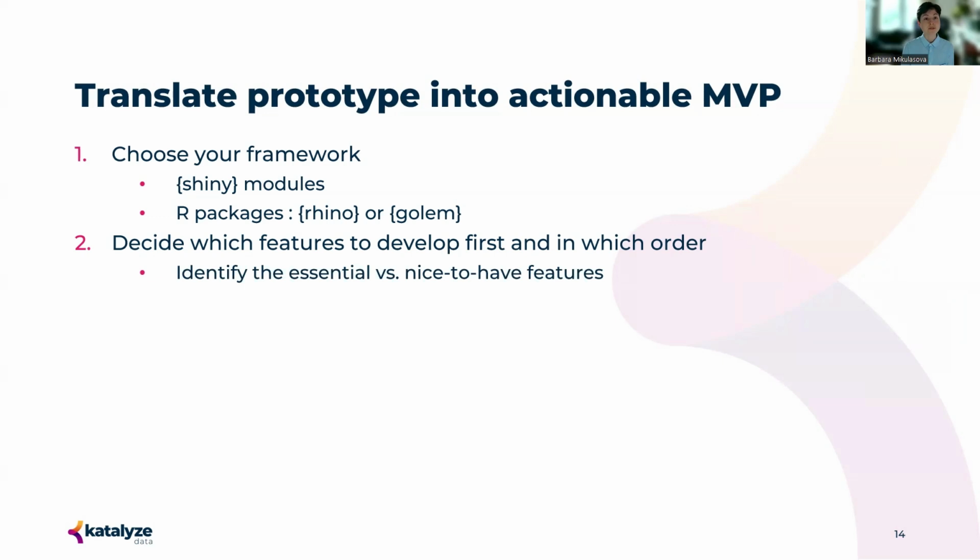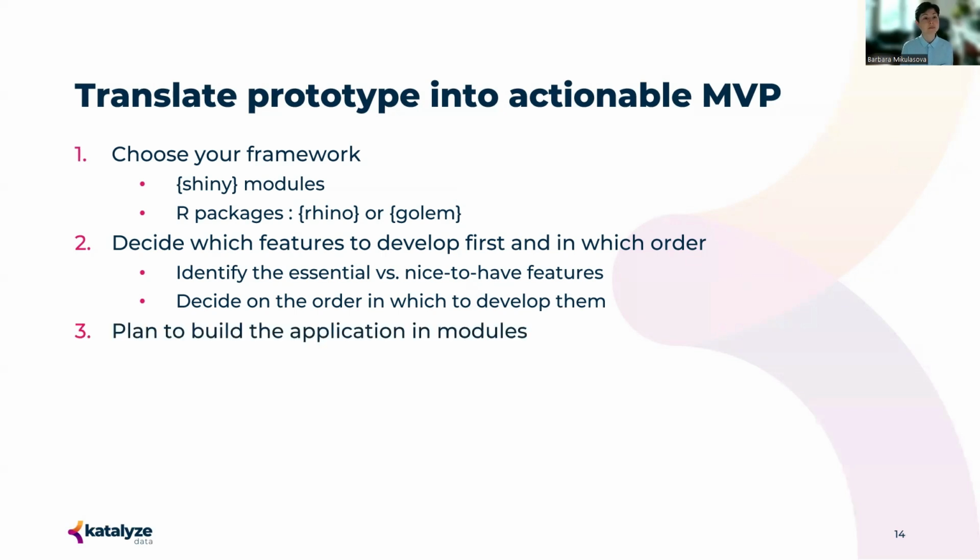You should use your knowledge of the user's feedback and their interactions with the dashboard to identify the essential as opposed to nice-to-have features. Also decide on the order in which you want to develop them and then introduce the nice-to-have features later. Do plan on building the application in modules.